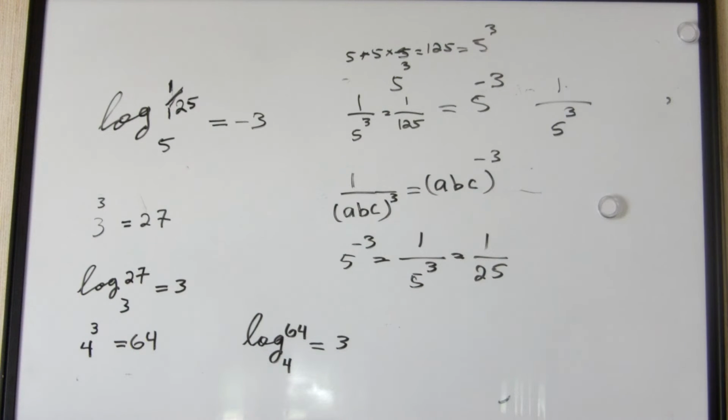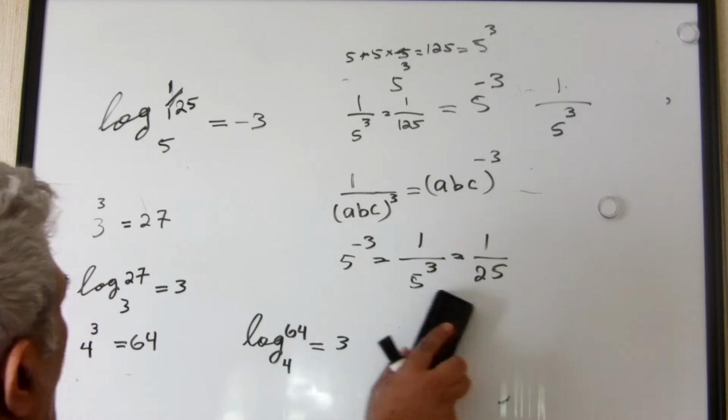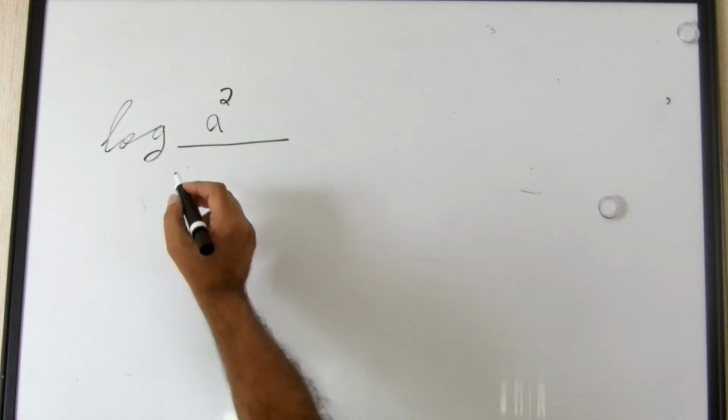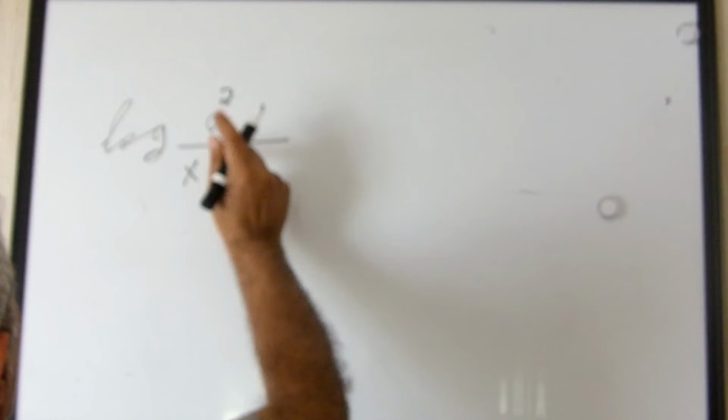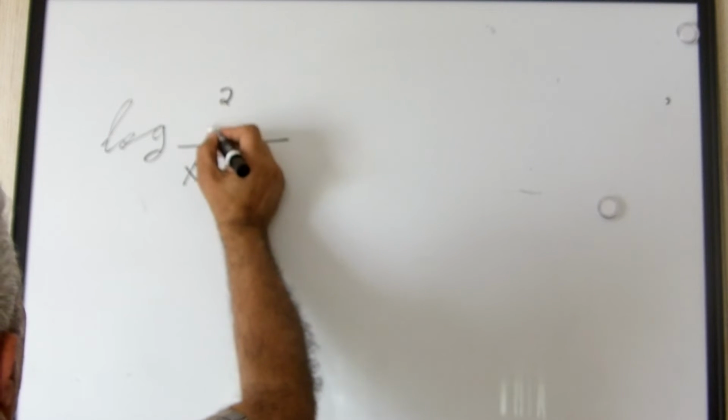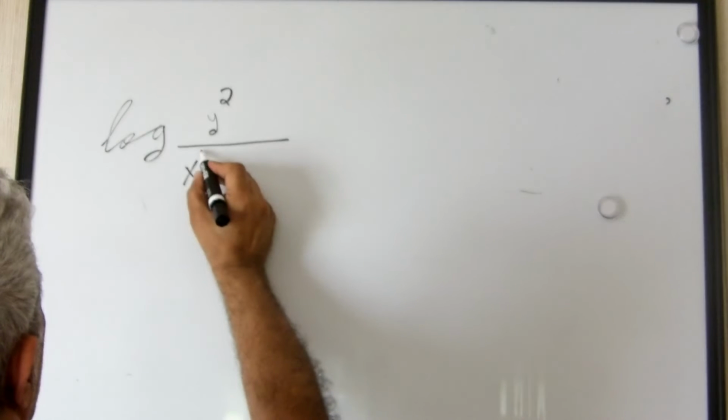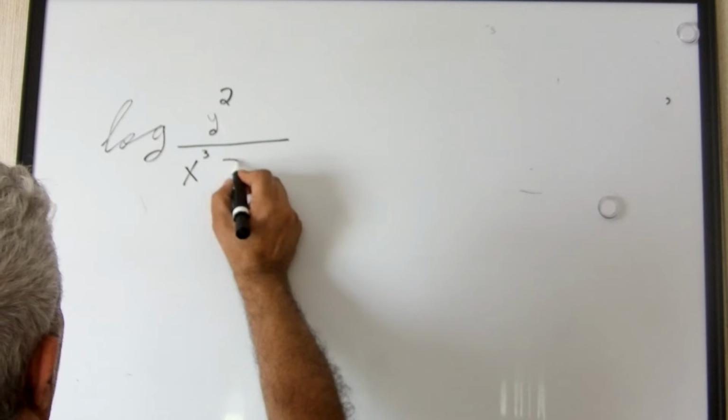If you want to expand a logarithm expression, so we have log of y to the power of 2 over x to the power of 3 z.